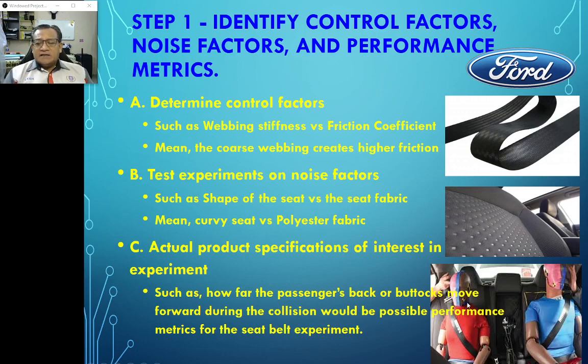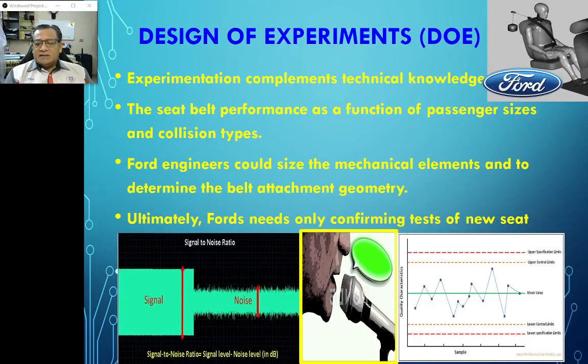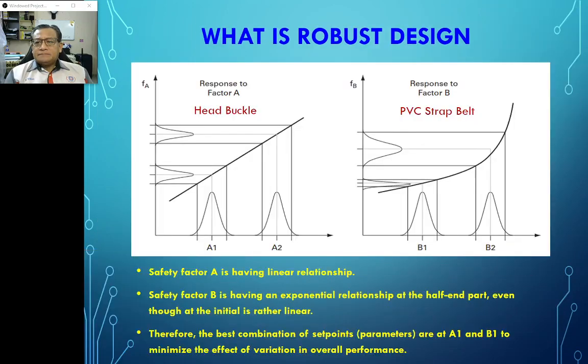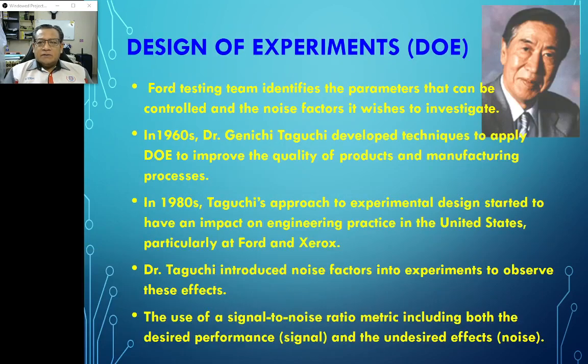How far is this kind of movement being detected, right? How far is this back angle movement, from the resting place, moving forward? How far are the hip and buttock moving forward, which is considered submarining? This is the performance metric that Ford wants to measure.